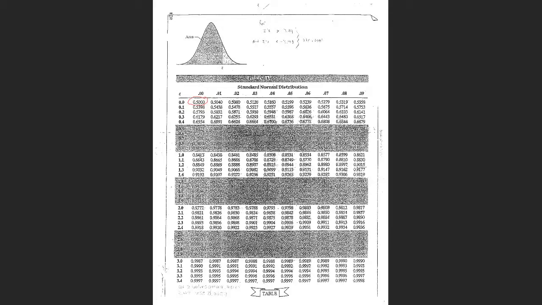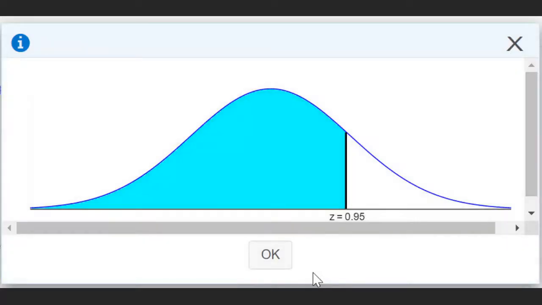So let's go to example 1. The question on this one is to find the shaded area. Notice in the picture it gives you the Z-score.